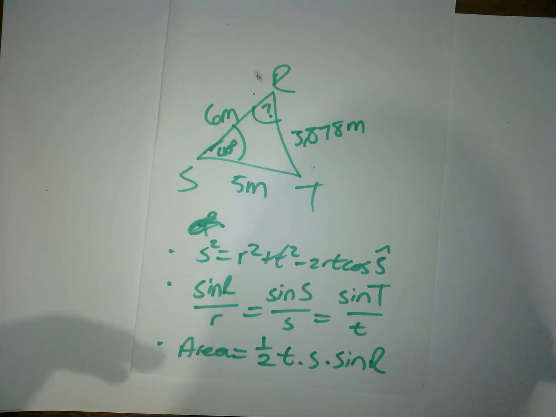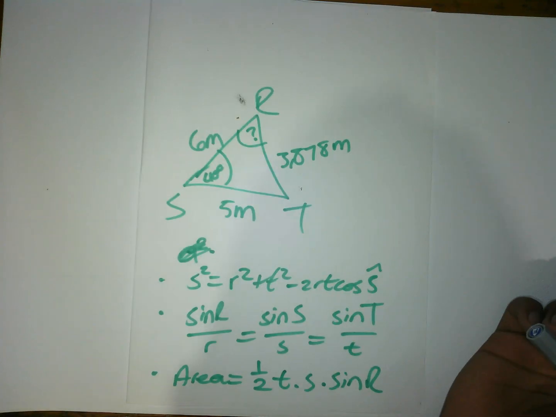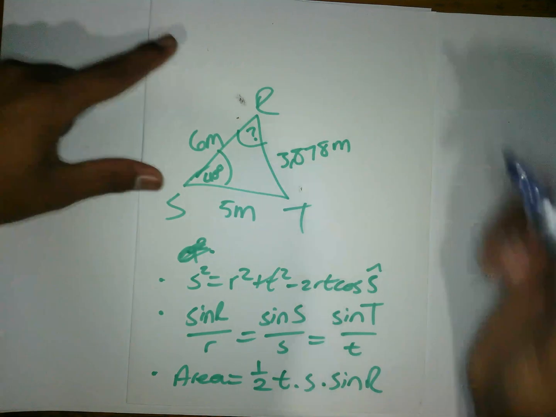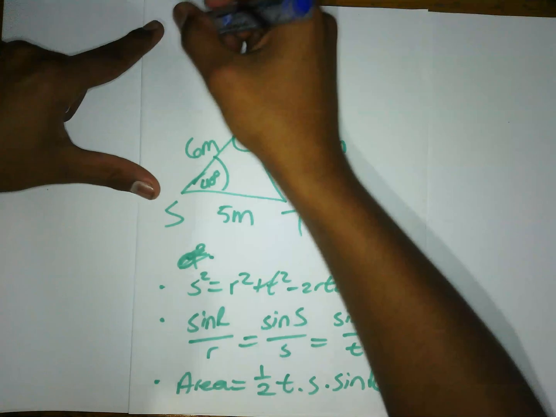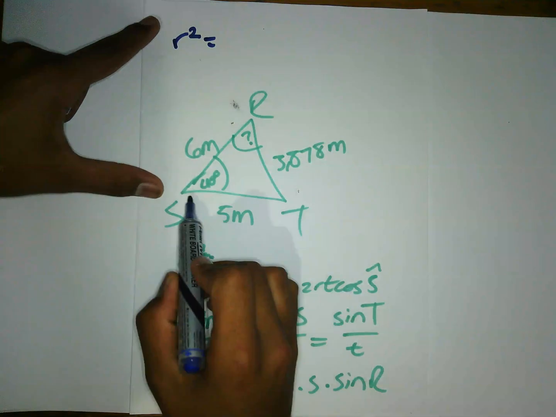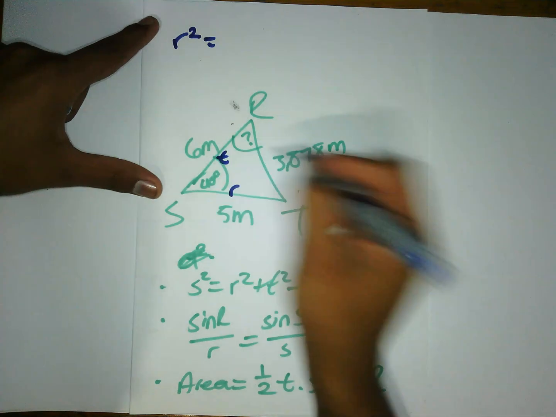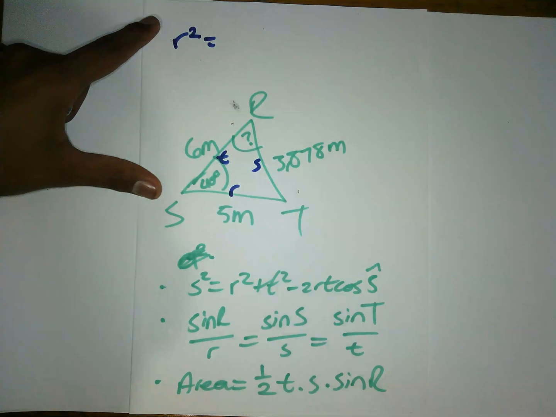We're not going to get any side because we have all the sides, but we can most likely manipulate a version of the cosine rule to get our angle R. It's going to look like this then. Remember, here's my small r, there's my small t, and there's my small s.